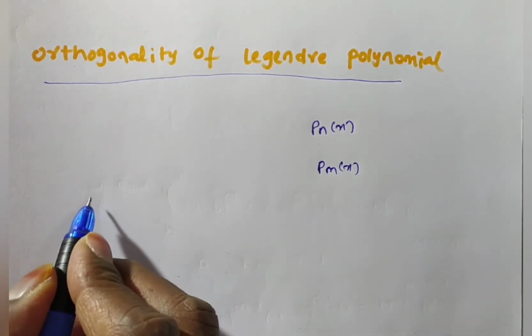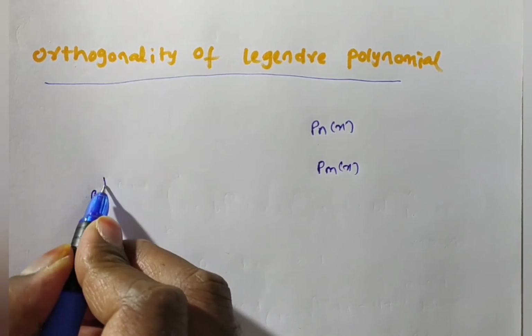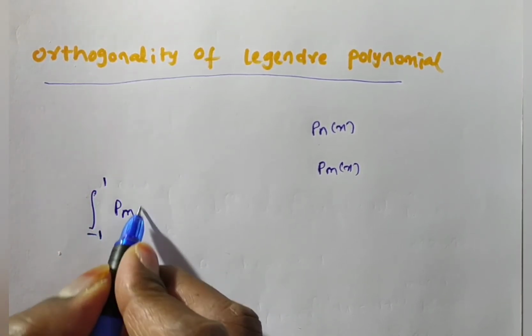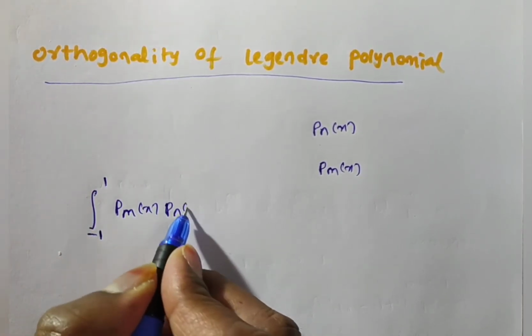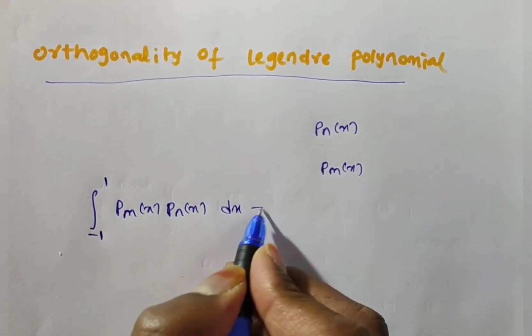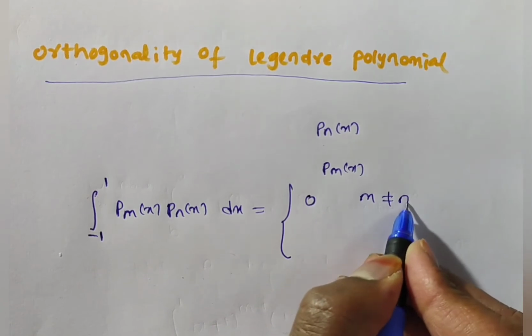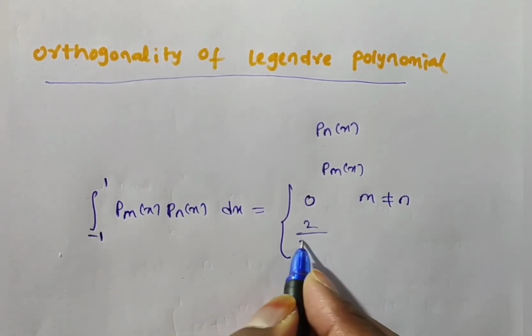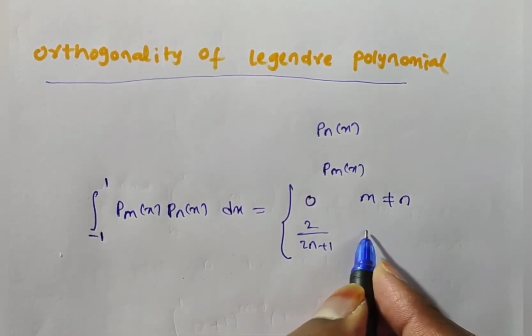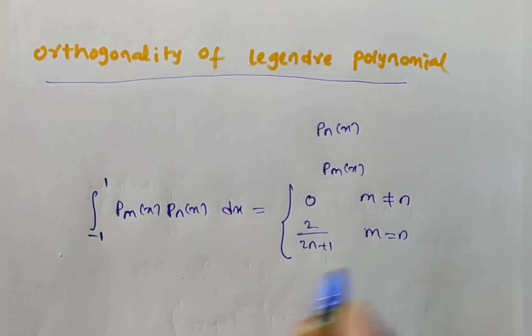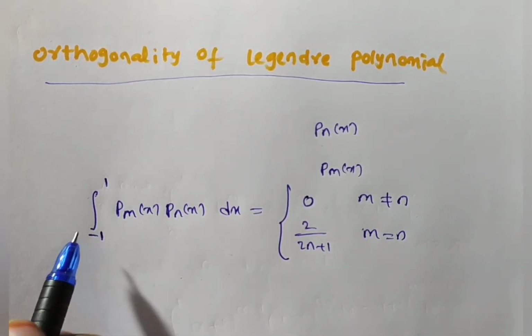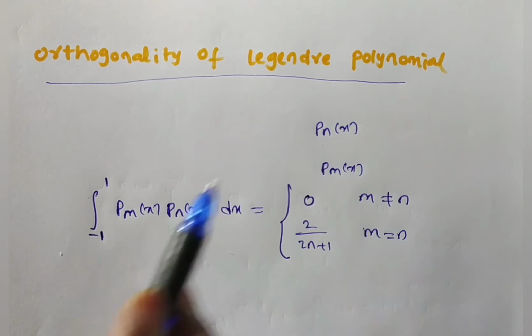Then the statement is, integral from minus 1 to 1 of Pm of x into Pn of x dx is equal to 0 for m not equal to n, and 2 by 2n plus 1 if m is equal to n. This is the orthogonality of Legendre polynomials.